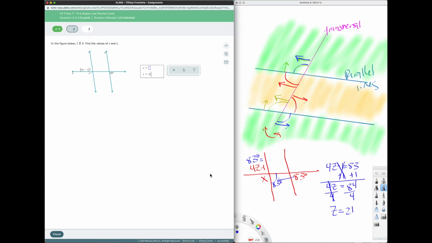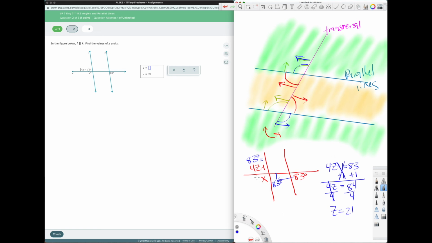For X, I can use this 83 or this 83 from the bottom. It doesn't matter which one I brought it over to. Remember, they are a linear pair like this. So either I can look at this 83 and come over, or this 83 and come over this way. They have to add up to 180 degrees. I don't have to worry about this piece because I know the whole angle equals 83 degrees.